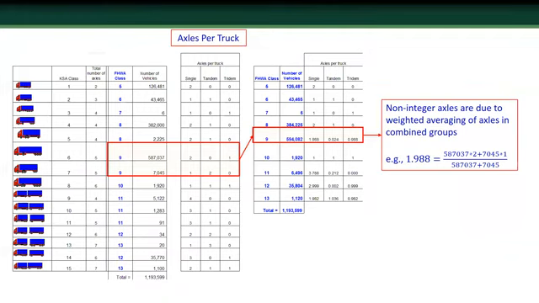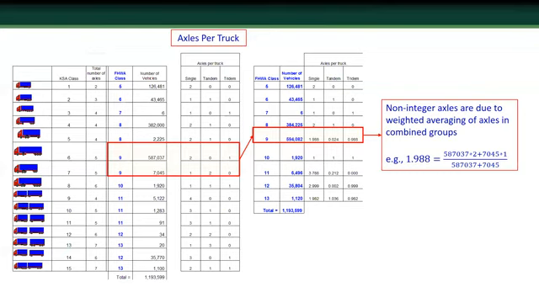If you look at this, there are 2 singles, zero tandem, there's no tandem here, and one tridem axle: 2, 0, 1. So for this one, remember we are grouping these two into class 9. For this one, we have one single axle and two tandem axles. So this is how it is.